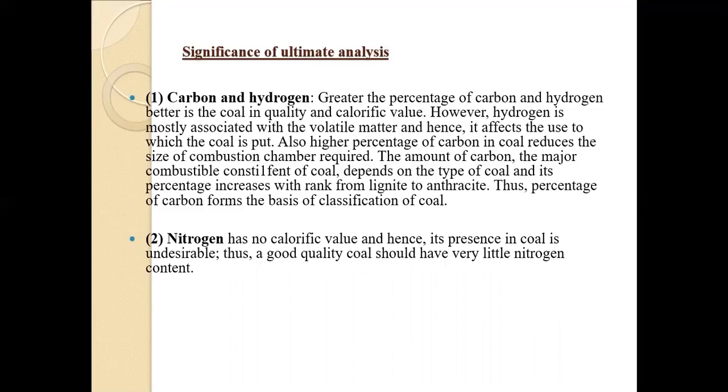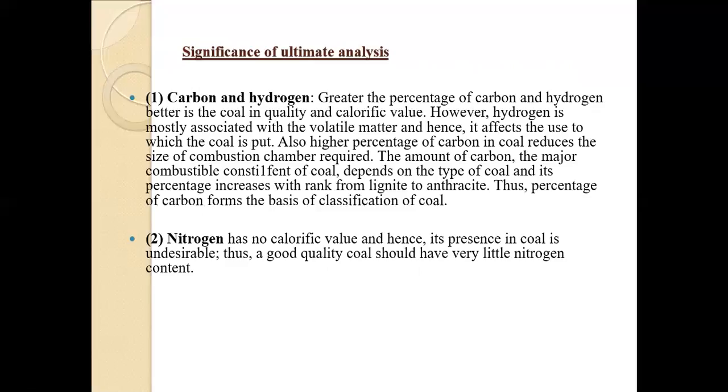Also, a higher percentage of carbon in coal reduces the size of the combustion chamber required. The amount of carbon, the major combustible constituent of the coal, depends on the type of coal, and its percentage increases with the rank from lignite to anthracite. These names are given depending on the quality of the coal.